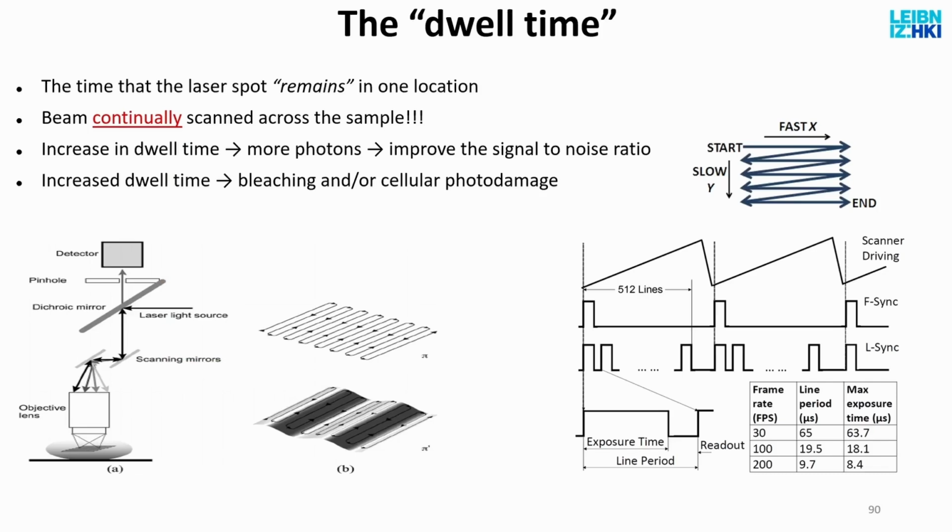A pixel is how long I decide to sample the emitted photons. If I say I sample for 2 microseconds, and the scan from left to right takes 2 milliseconds, then how many pixels did I generate? I generated 1,000 pixels, because I said 2 microseconds versus 2 milliseconds.